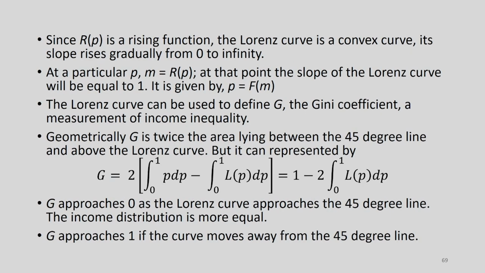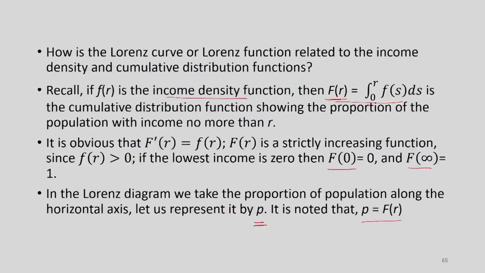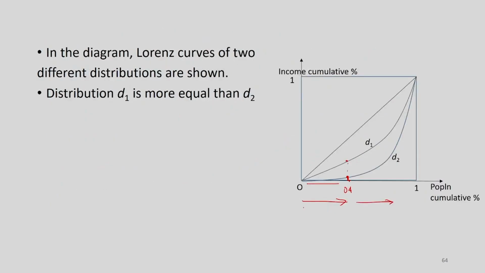At a particular p where M is equal to R_p, the numerator and denominator are the same, at that point the slope of the Lorenz curve will be equal to 1. It is given by p is equal to F(m). So let us look at the diagram how it looks like. Suppose I am talking about D1, at some point the slope is just equal to 1.